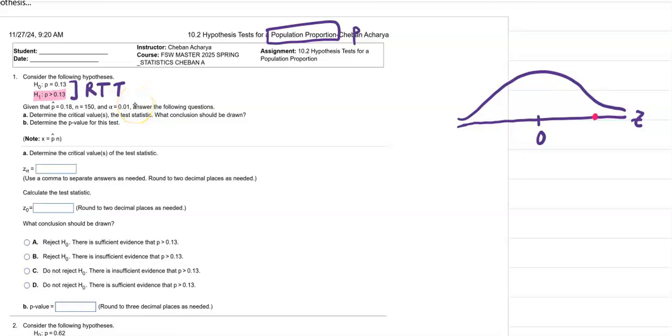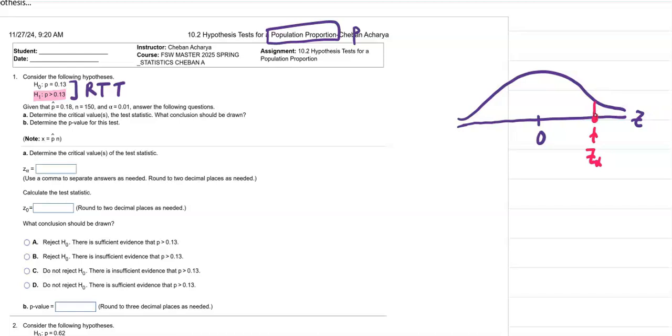This point here is called the critical value, z alpha. Again, the critical value is z alpha. You can see here, determine the critical value, so the symbol is z alpha. Since this is a right tail test, we only have one critical value, which is positive because it's on the right of 0.